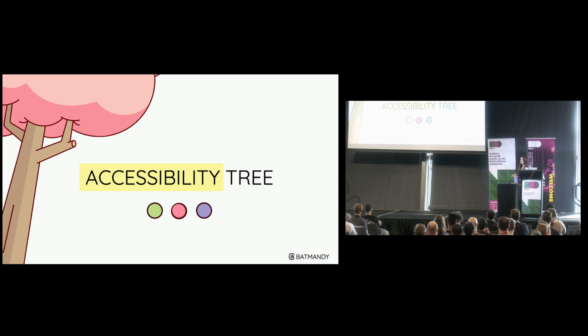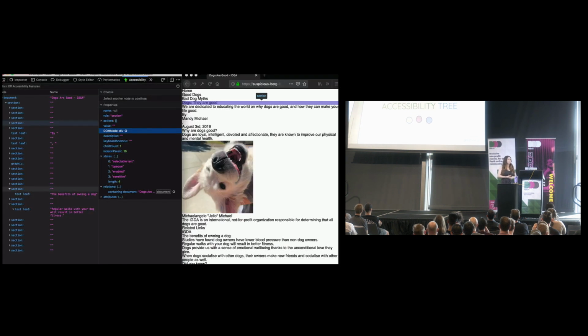So for example, a screen reader is able to interpret the accessibility tree as speech. Now, major browsers like Firefox and Chrome have what's called the accessibility inspector. This one is from Firefox. And like the DOM tree is made up of what we provide it, so is the accessibility tree. And as you can see in this example with all of my divs, it's kind of not very good.